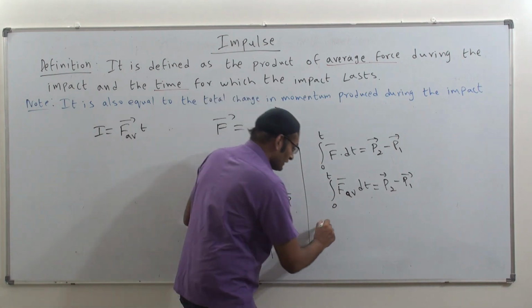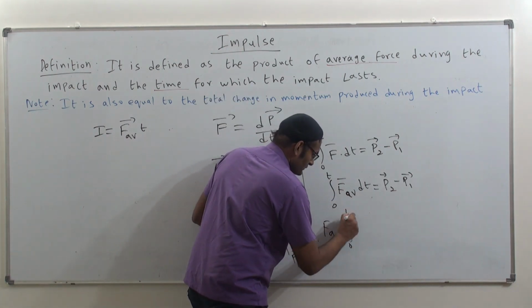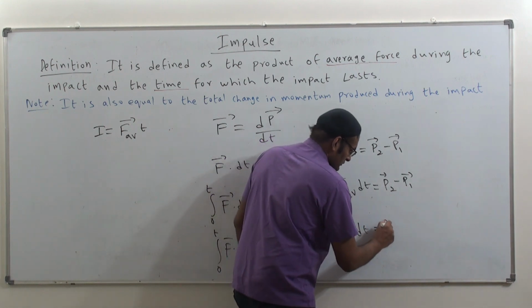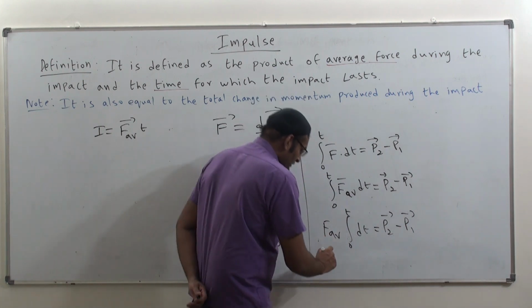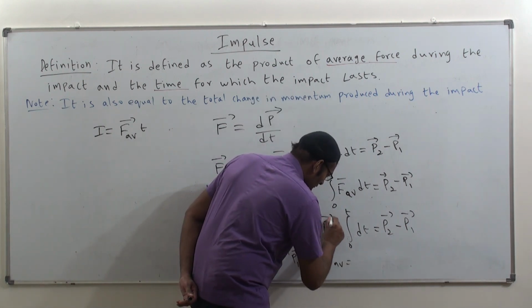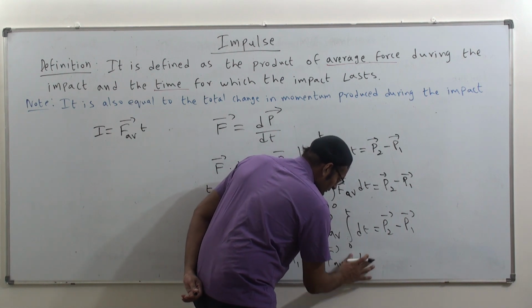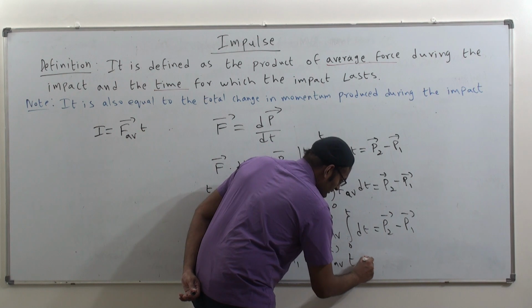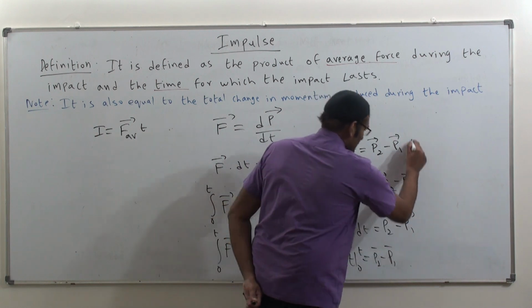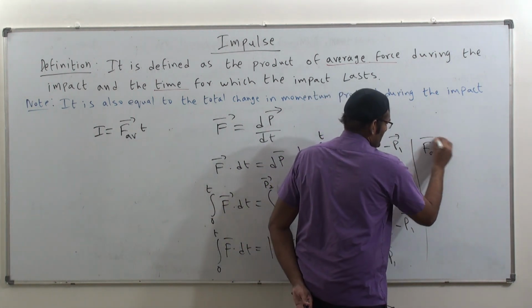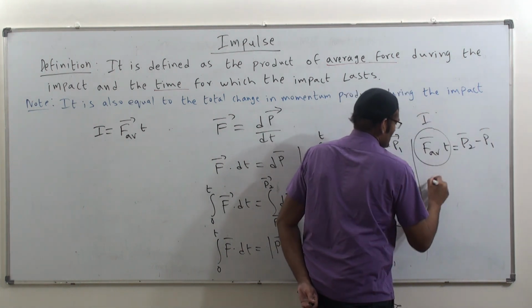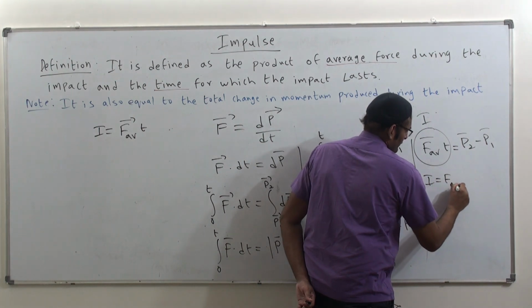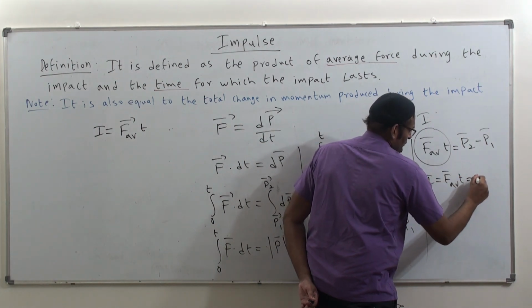When constant, you can take it outside the integral. So this final equation becomes F average times t is equal to p2 minus p1. And what is this? This is impulse, that is I is equal to F average t is equal to p2 minus p1.